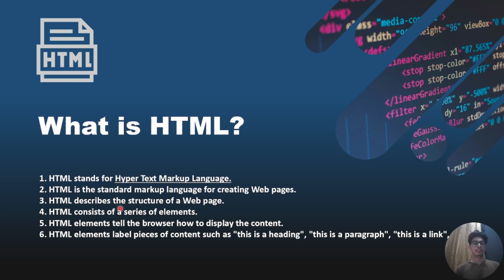Then we have, HTML describes the structure of a web page. So when we create a web page, for example, Big Bang Theory, we first have a heading of Big Bang, then we have a paragraph that has the definition of Big Bang Theory, and then we have maybe an image.